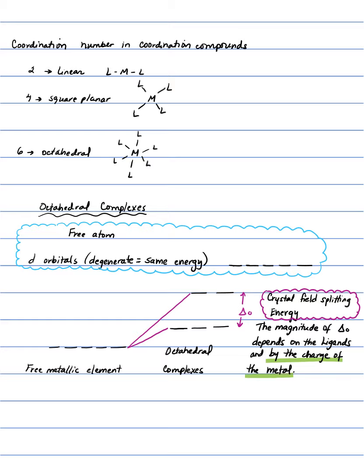The magnitude, or how much energy that crystal field splitting energy is, is going to depend on the ligands and also the charge of the metal. So we're going to look at those two options in a little bit.